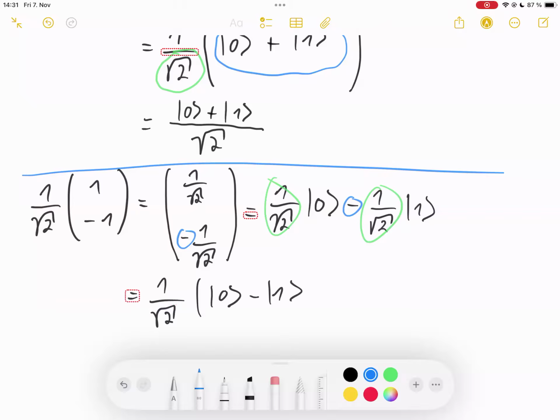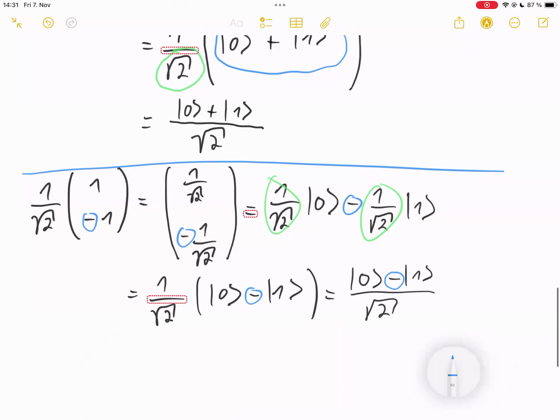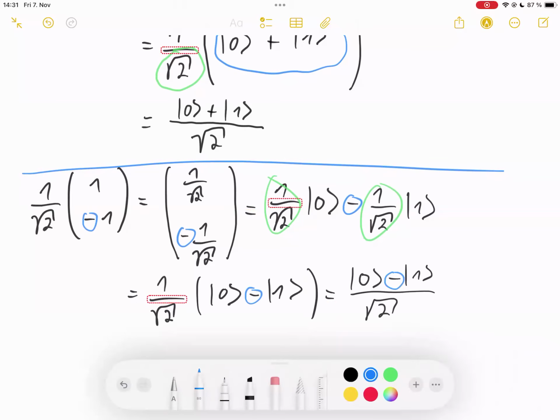So this minus here in blue is moved in there. And we can rewrite this again as 0 cat minus 1 cat divided by the square root of 2. So this would be another equal superposition, even though I have a minus here, because eventually for these probabilities after measurement, I care about the modulus squared, so the negative one here doesn't matter.